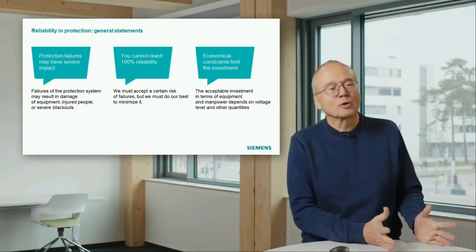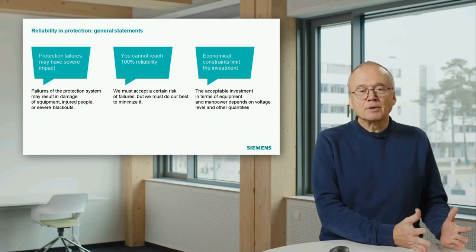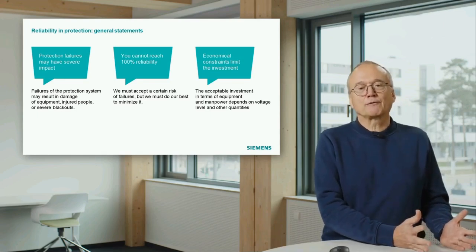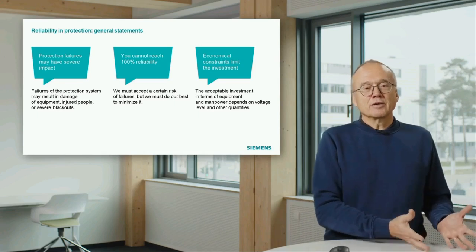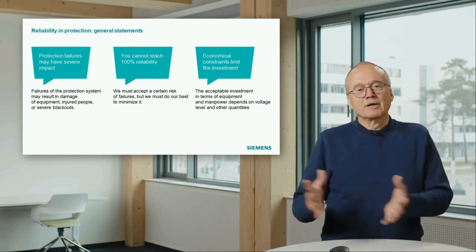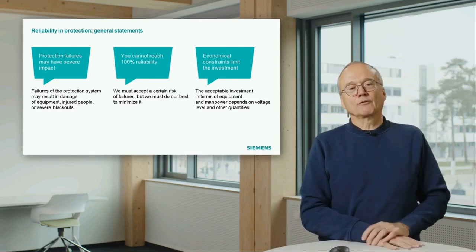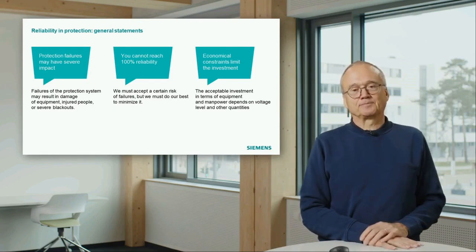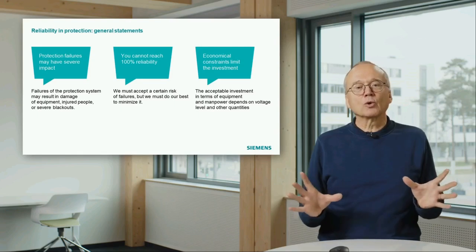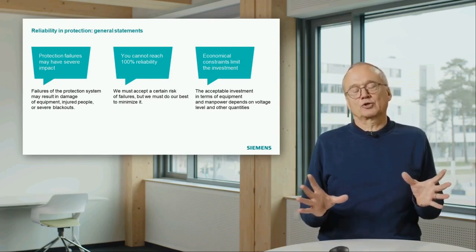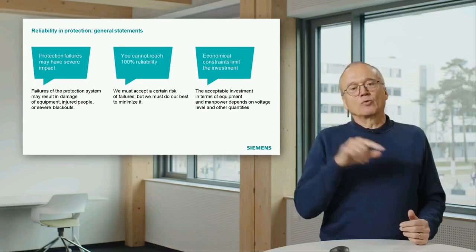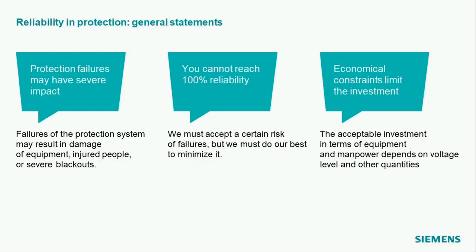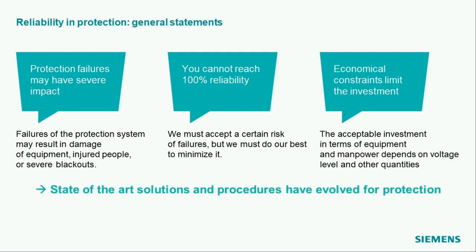You can imagine if you want to do protection for a simple distribution feeder, this has to be cheaper than the investment to protect a 400 kilovolt transmission line. That means there are also economical constraints. And in this framework, you have to define solutions, and state-of-the-art solutions have been developed in the companies.